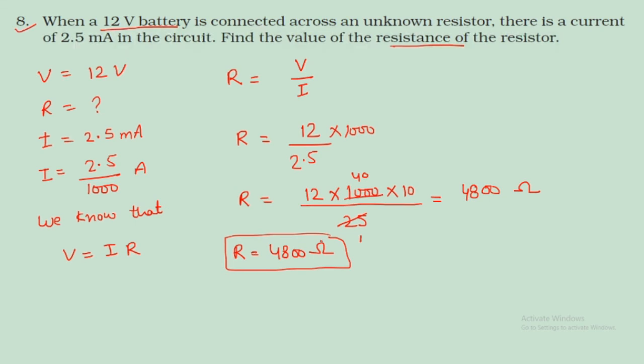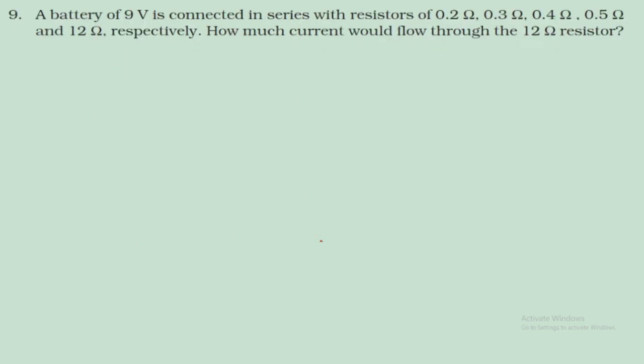Now move to question number 9. A 9 volt battery is connected in series. So we have V equal to 9 volt.